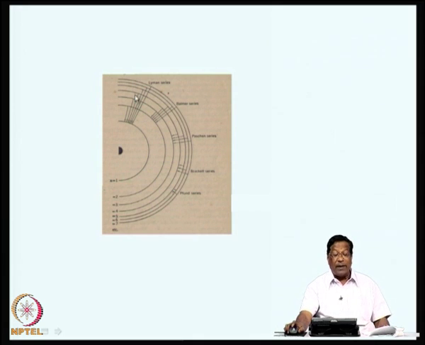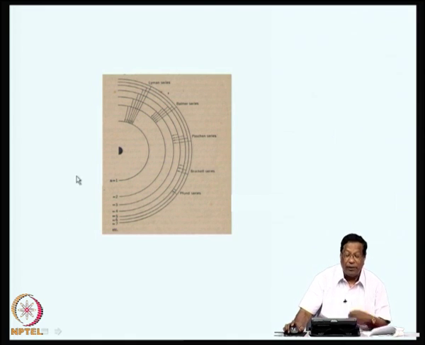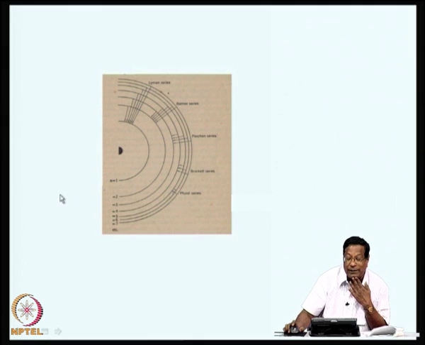You can see that here the Lyman series is where the electrons are falling to energy level 1, and the Balmer series corresponds to level 2, the Paschen series corresponds to level 3, Brackett is 4, Pfund series is 5. You would see that the energies corresponding to these Lyman, Paschen series etc. would have different energy levels.